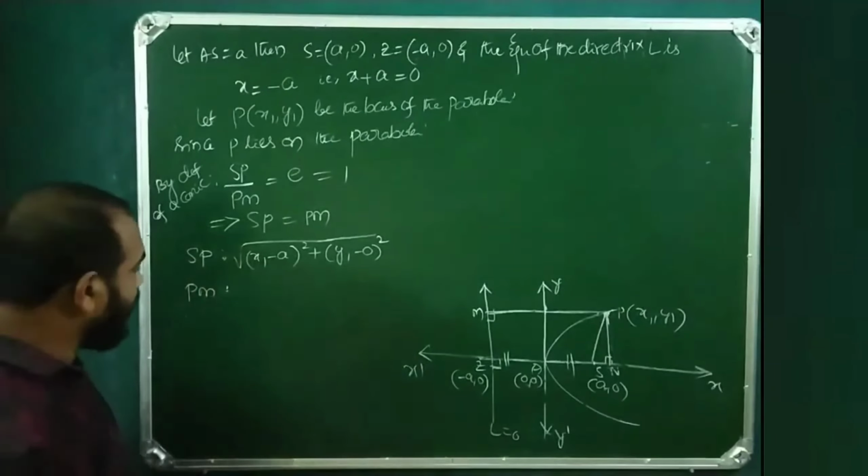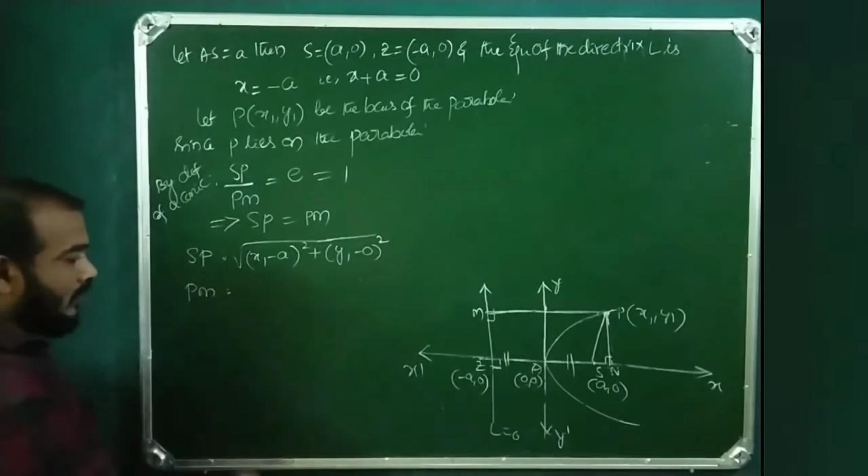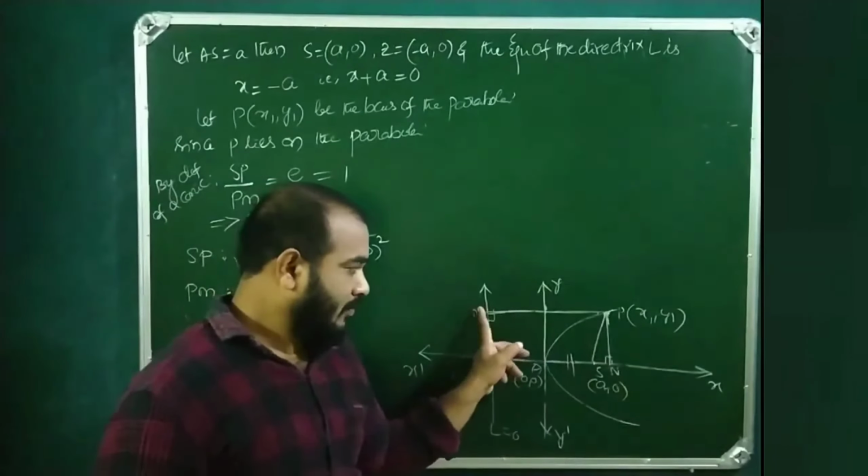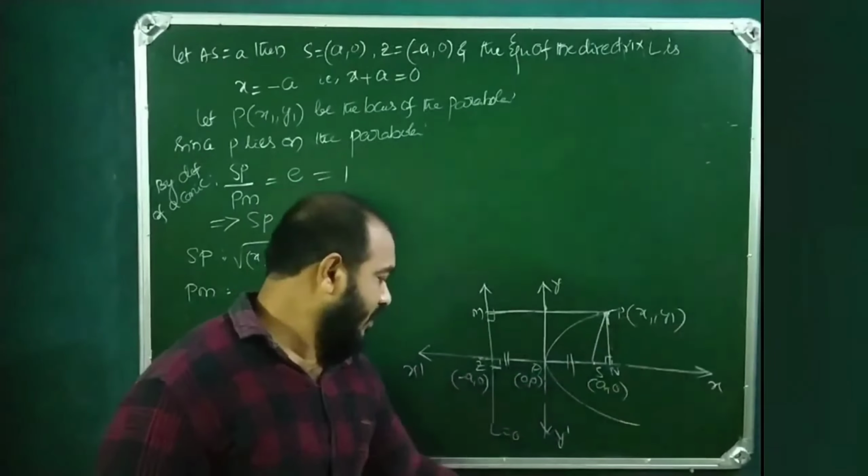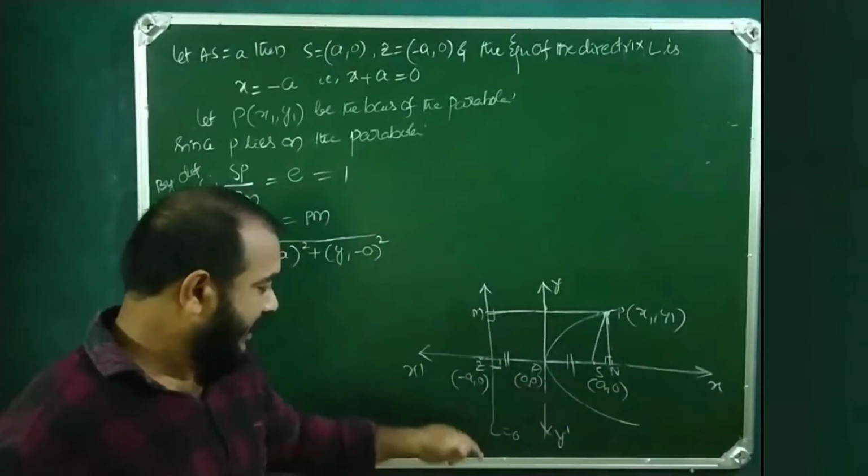PM is nothing but perpendicular distance from P x1 y1 to the line. What is this line? x plus a is equals to 0. PM is the perpendicular distance from P x1 comma y1 to the line x plus a equals to 0.